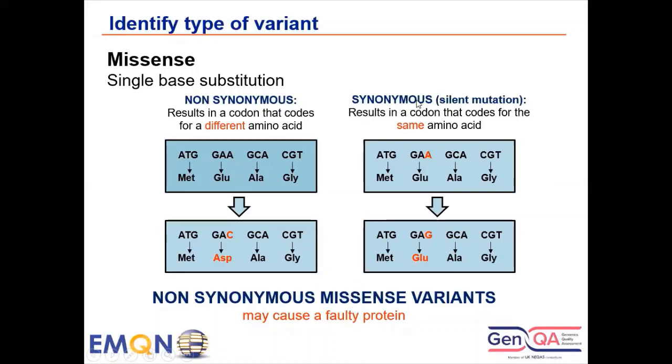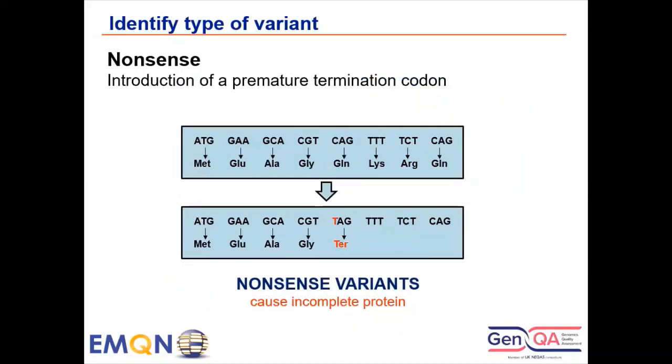For synonymous variants, the chance that they are pathogenic is much lower than for variants that lead to another amino acid, because then the characteristics of your protein may change. Substitutions may also lead to nonsense variants. This means that a premature termination codon is introduced.